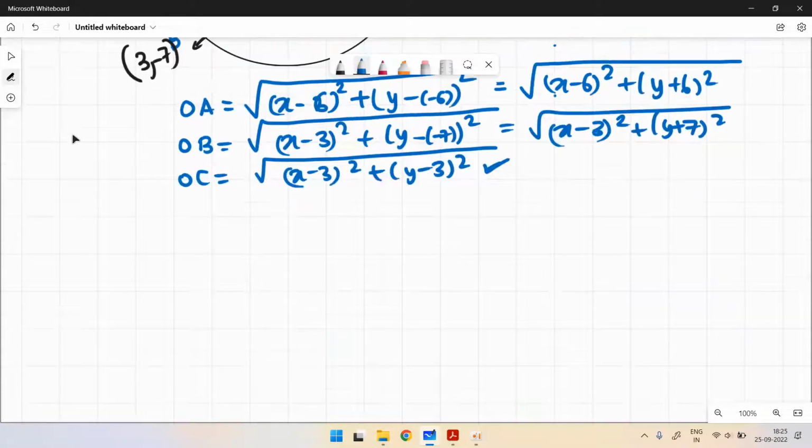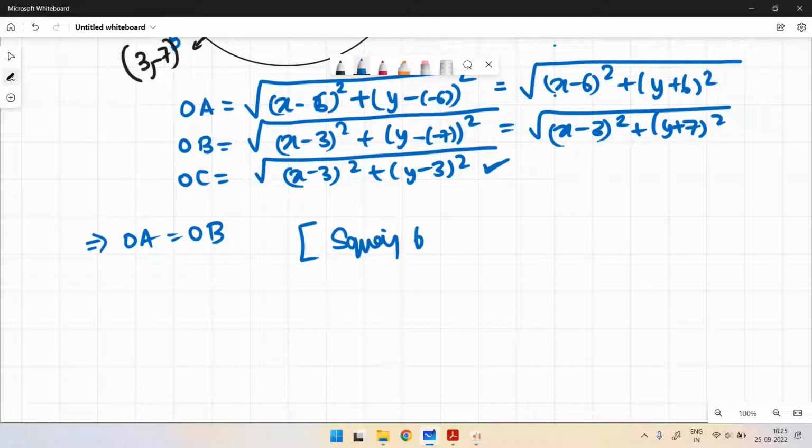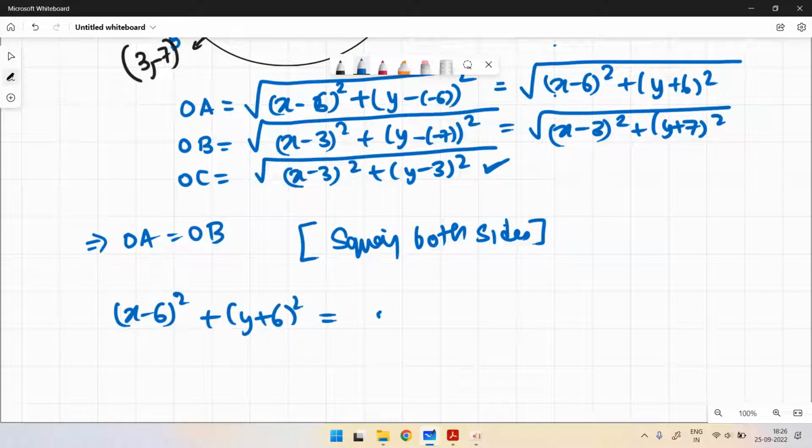By equating the two, if I equate OA equals OB and square both sides, what I will get is (x minus 6) square plus (y plus 6) square is equal to (x minus 3) square plus (y plus 7) square.